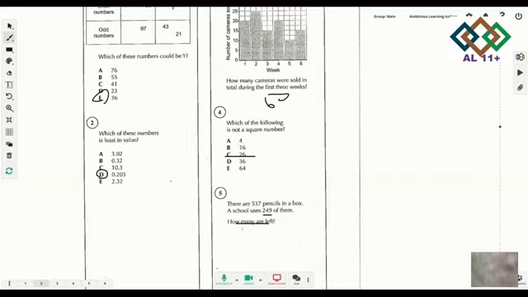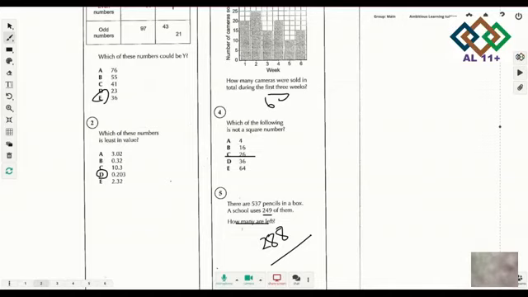The answer for number 5 is 288. I hope you all got that. That's your answer for number 5. So let's move on to the next one.